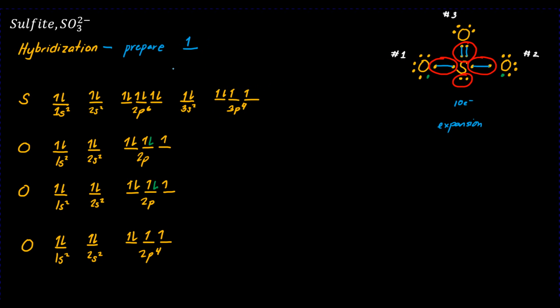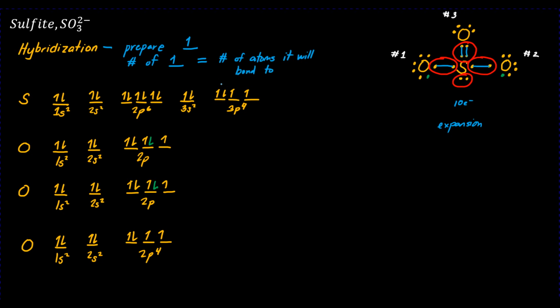How many half-filled orbitals does sulfur have to prepare? The number of half-filled orbitals that it has to prepare is the same as the number of atoms it will bond to.